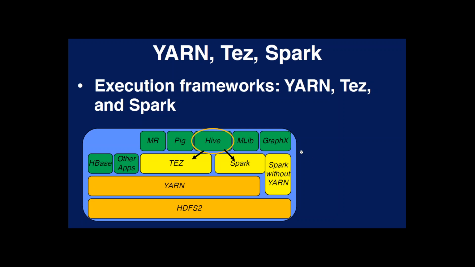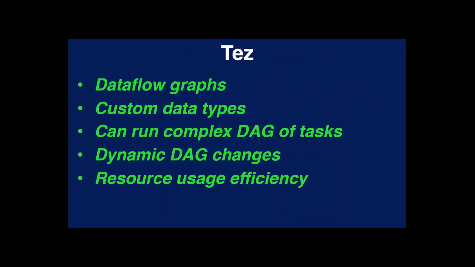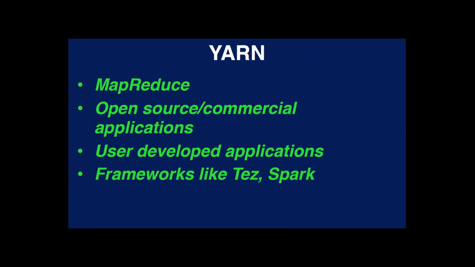So Hive is supported in both Tez and Spark. YARN is basically a MapReduce processing engine, and it was developed later, and all other applications are getting used on it.